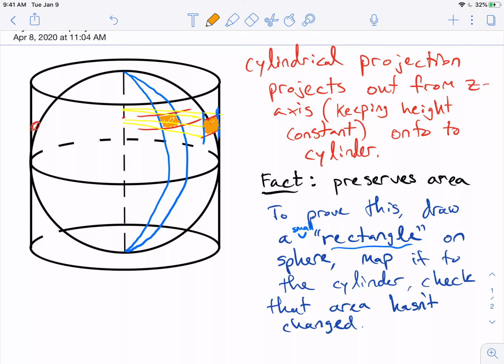And you notice right away that this map that we're doing, it definitely distorts things, right? I think you can convince yourself pretty easily that the red sides of the spherical rectangle get larger when I project to the cylinder. And you can check as well that the left and right, the blue sides, get smaller. So there is distortion here.